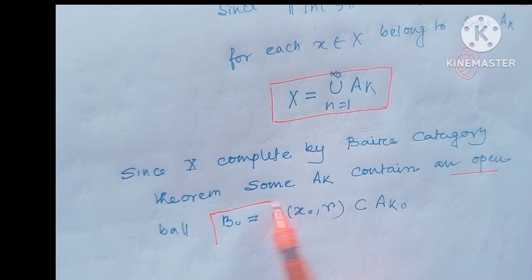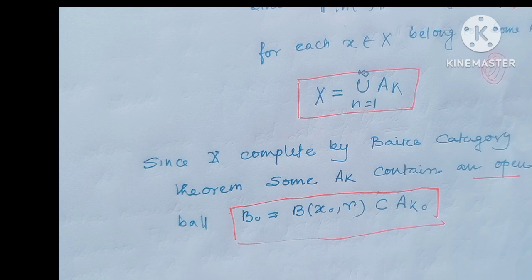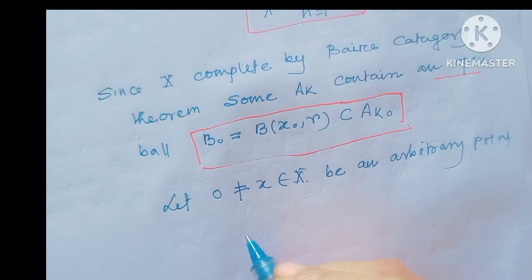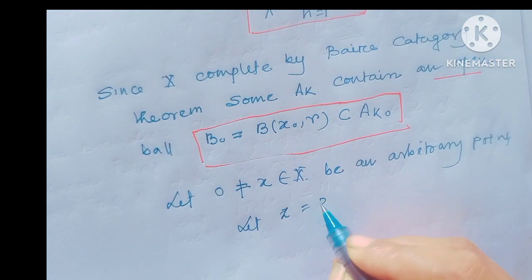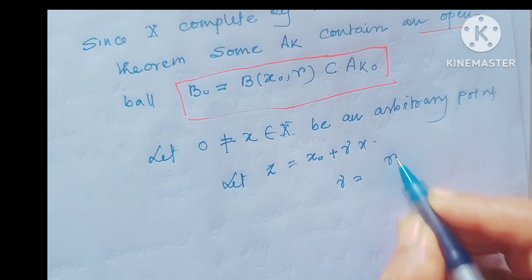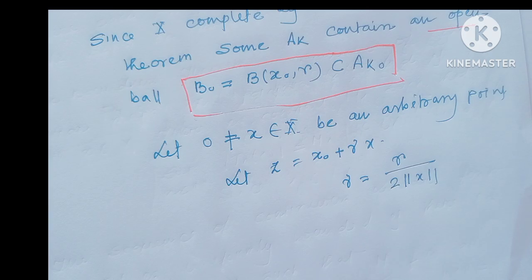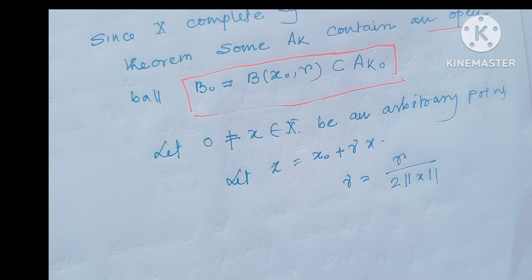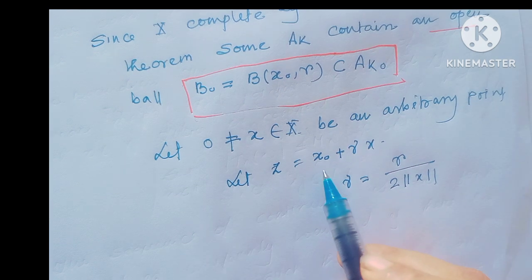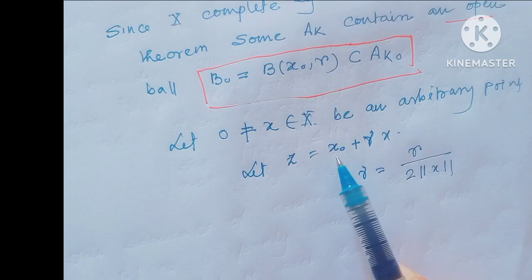Consider B0 equal to B(x0, r), which is a subset of Ak0, and let x be an arbitrary point, and let z equal x0 plus gamma x, where gamma equals r over 2 norm x. Here the ball centered at x0 with radius r contains the point z, because z equals x0 plus gamma x.